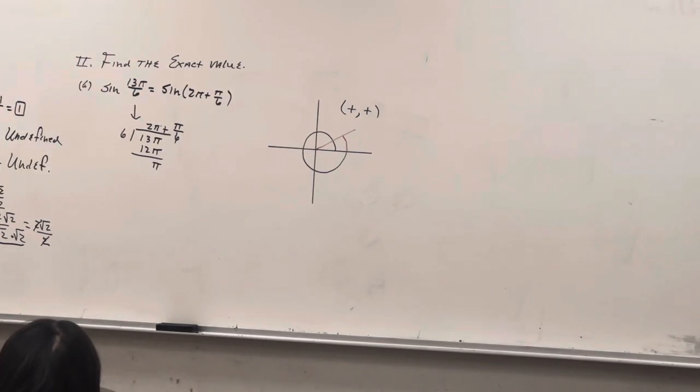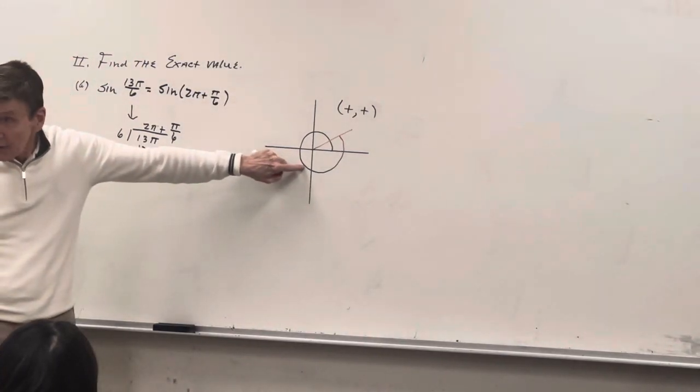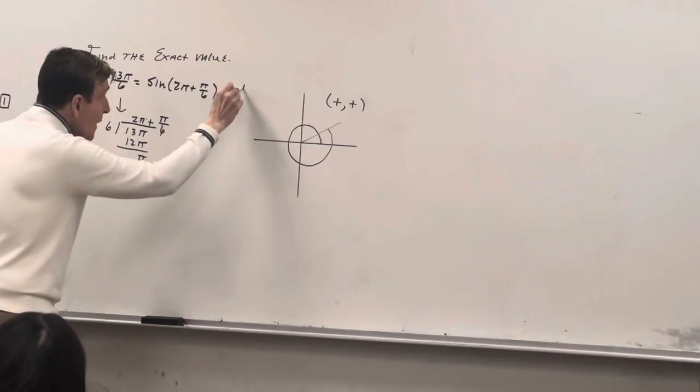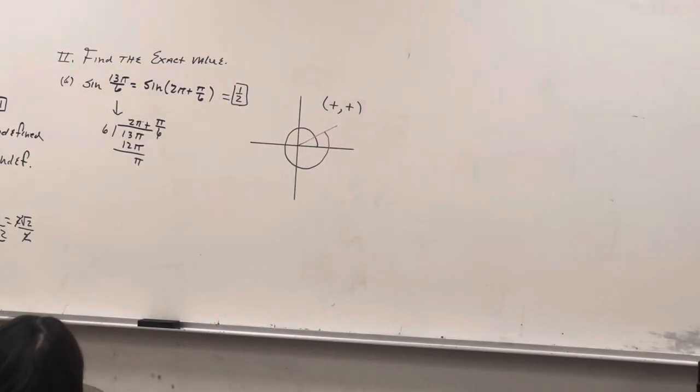Since this is 30 degrees now, is it pi over 6, 30 degrees? Could I go back here and make a reference to this? Oh, it was a y back here. Was that 1/2? So could I now say, with confidence, that my answer here is positive 1/2 for this? Yes or no?